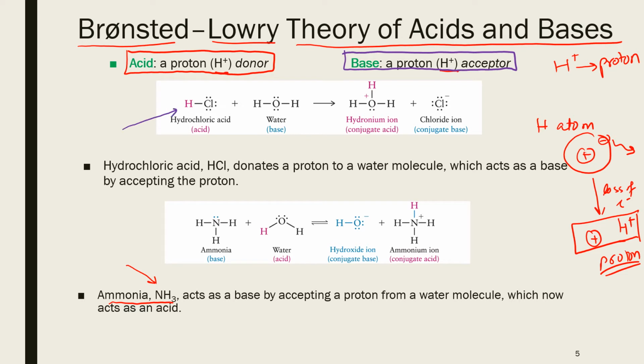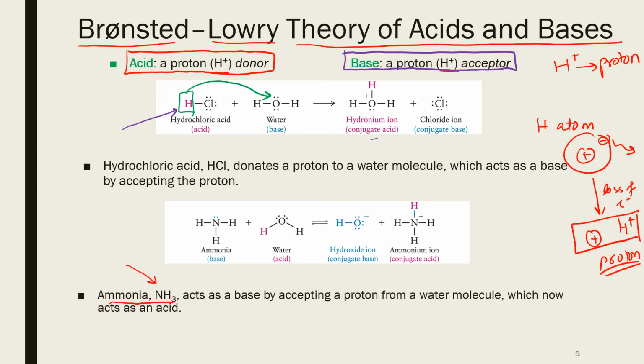In this example, hydrochloric acid is combining with water and it is giving us a hydronium ion and a chloride ion. But if we look closely, you will see that hydrochloric acid is actually giving away its H positive.